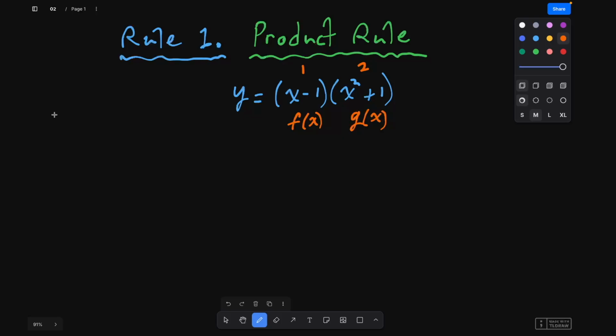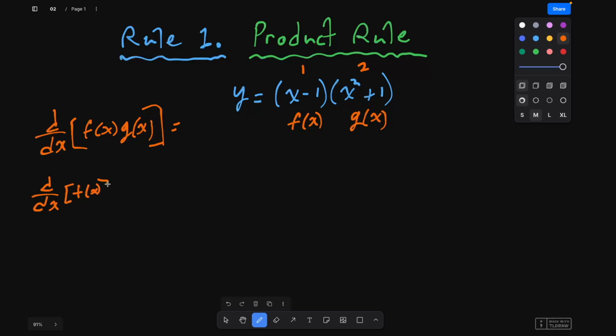So the product rule says that the derivative of f of x times g of x is equal to the derivative of f of x times g of x plus the derivative of g of x times f of x.